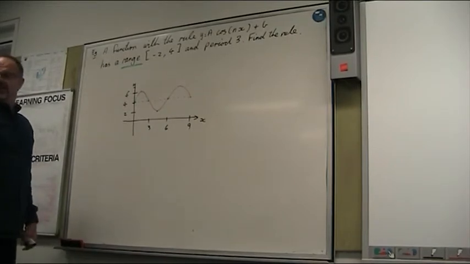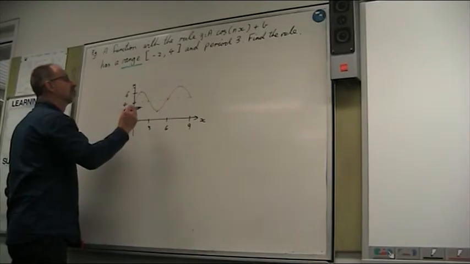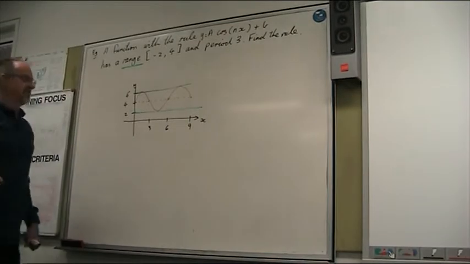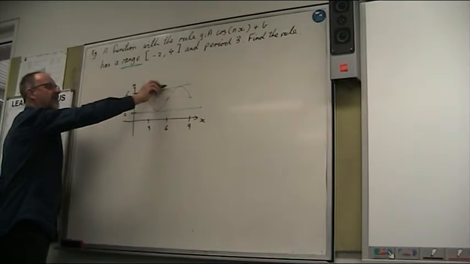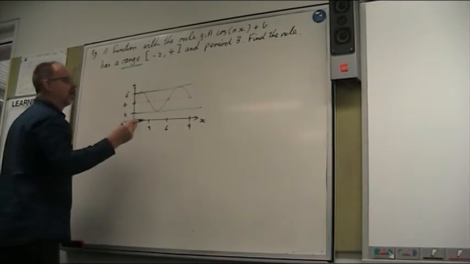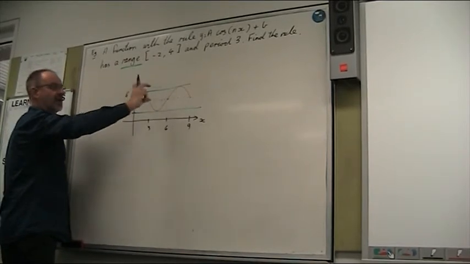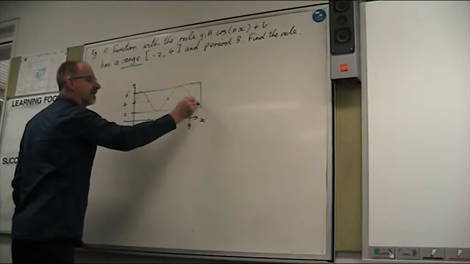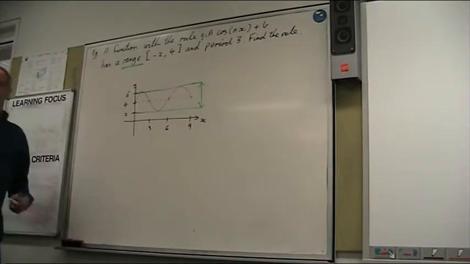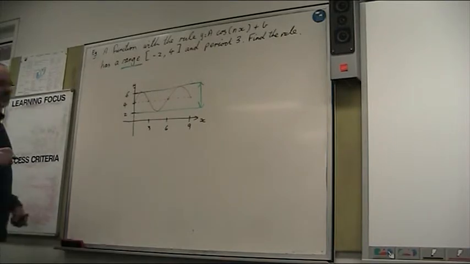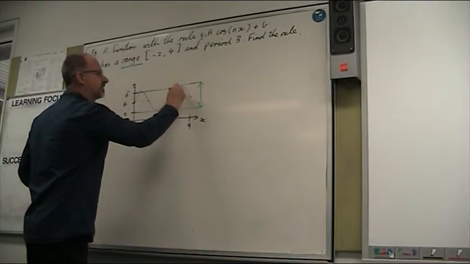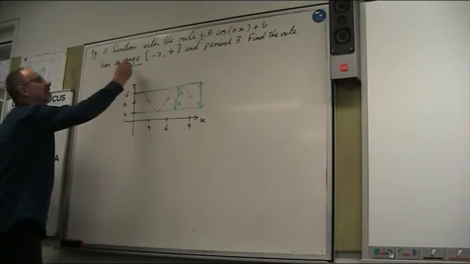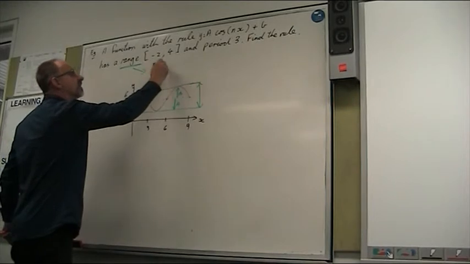So the range means what? The y, exactly. So the range on this one is between our lowest point and our highest point. In relation to the amplitude, the range is double the amplitude. So if that there is the amplitude, and that down there would be the amplitude, the range is 2 times the amplitude.